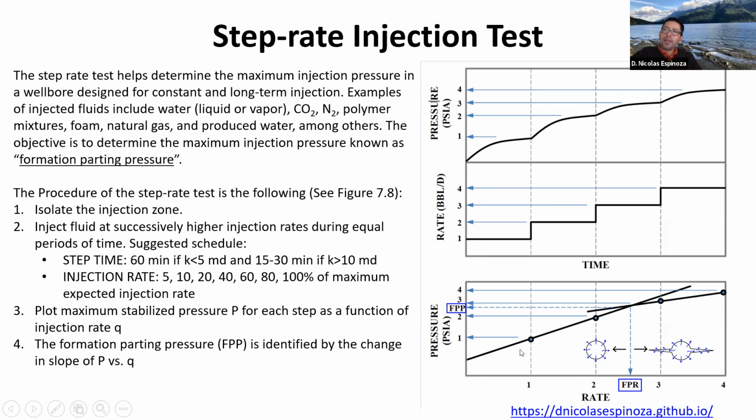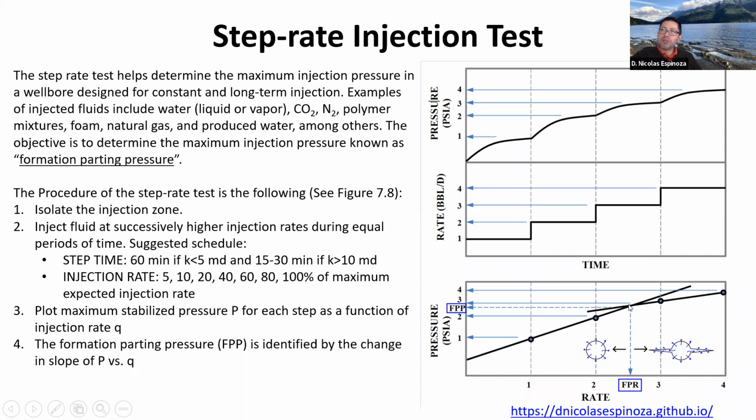And if you plot this data, initially the initial points will line up in one line. And after you go to a certain pressure, this trend might break and go into another trend with higher injectivity. What that means is that at this point, you might have a fracture. That's why you don't have that much of an increase of pressure as before for an increasing rate.